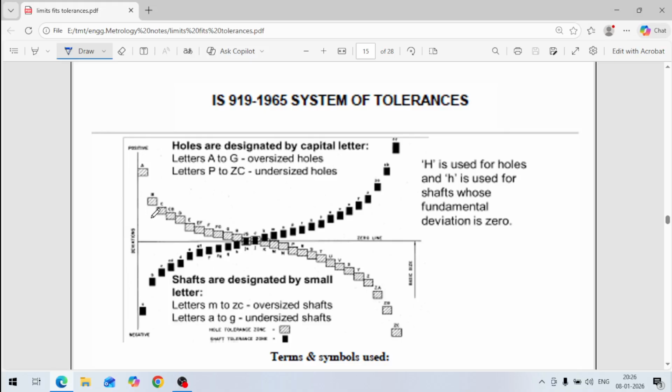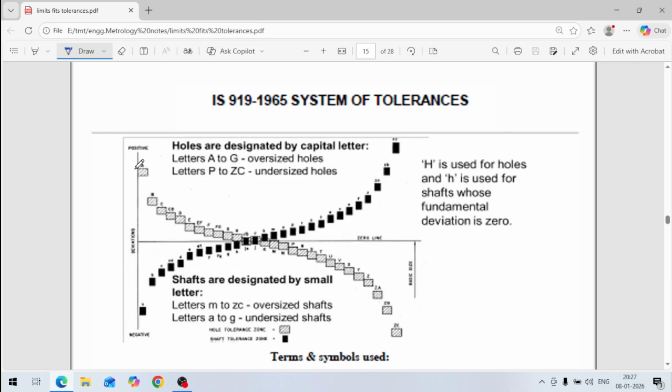These figures with hatching lines A, B, C, D, these all figures are for holes, whereas these dark figures are for shafts only. So in this figure, this is our zero line. Zero line means it is basic size. And these are all deviations.